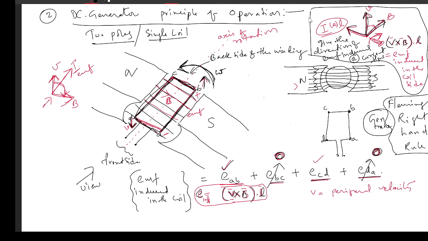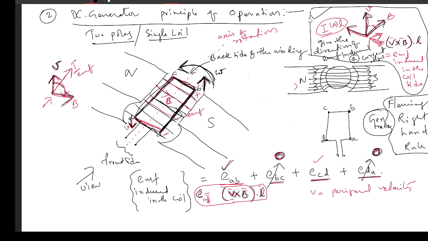Now I am coming to the coil side AB. So knowing this formula, I am coming to coil side AB. So if you notice that the flux direction is, the B direction is in this direction, and the coil is moving up, coil side is moving up like this. So the peripheral velocity is like this, so which is 90 degrees.